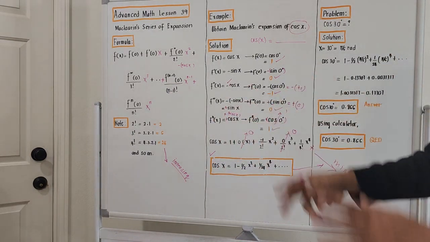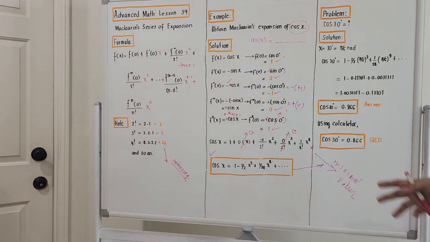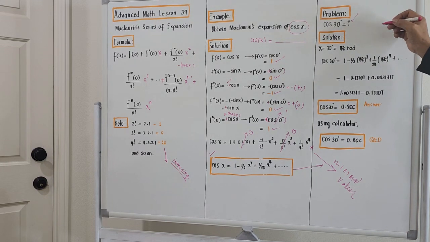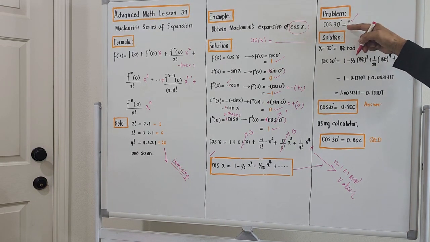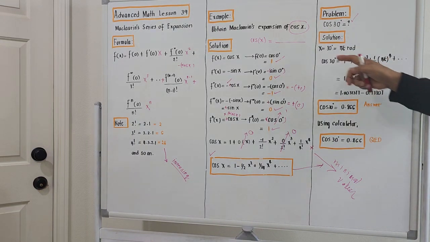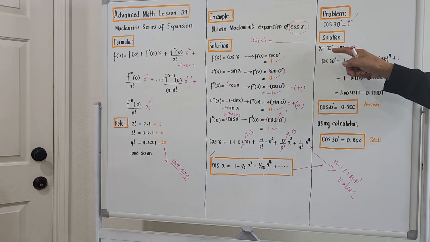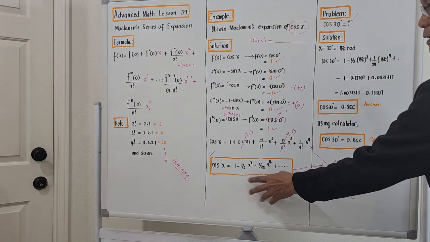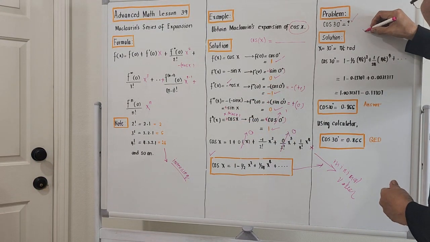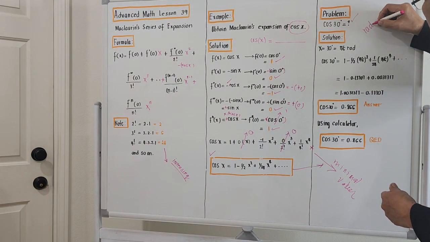Okay, let's try an example problem. Supposing x is 30 degrees, and the problem is asking for the cosine of 30 degrees. So we put x equal to 30 degrees. In this formula, x should be in radians.